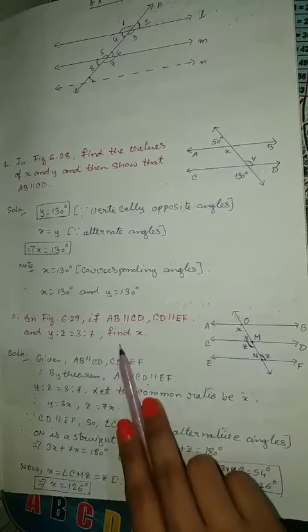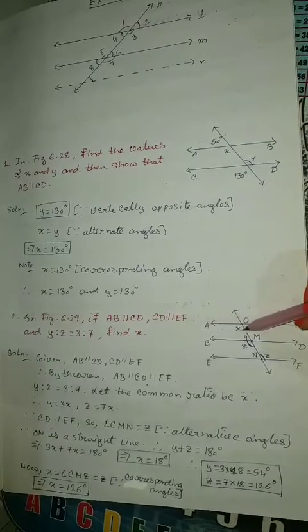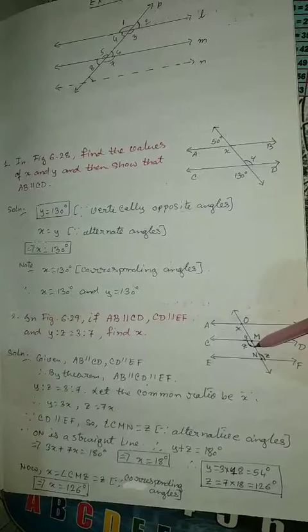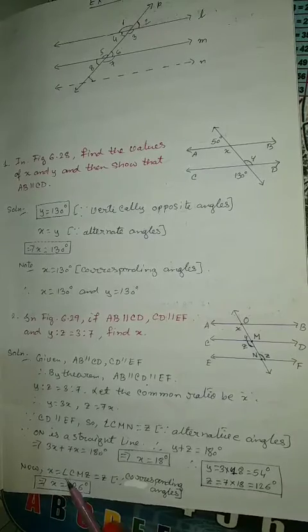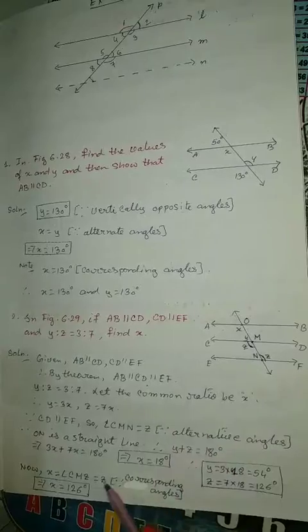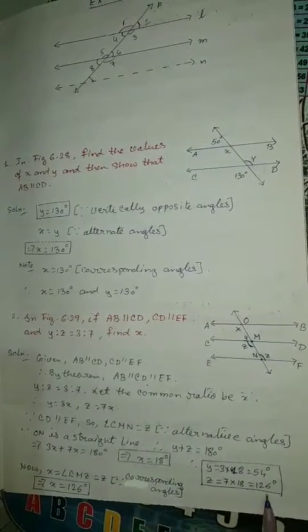But what did they ask for? They have asked for x. Now we can say that this angle x is corresponding to this angle z, right? X is equal to z because they are corresponding to each other. So we can write here x equals CMZ, that equals z. CMZ is this particular angle because they are corresponding angles. We know the value of z, which is 126.